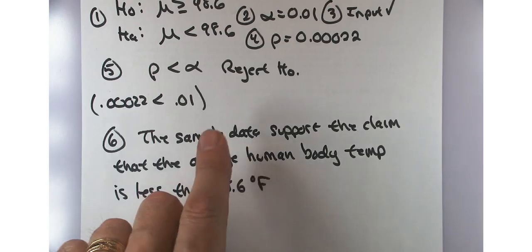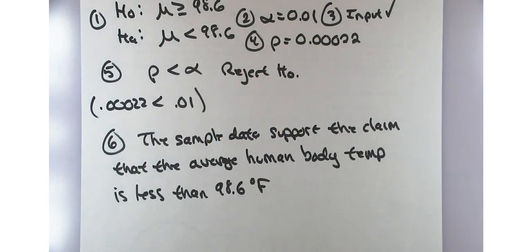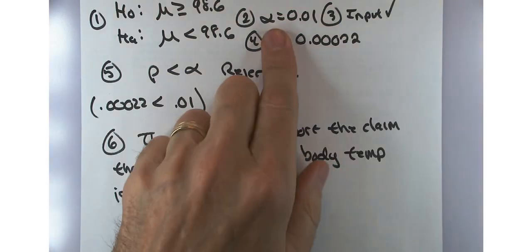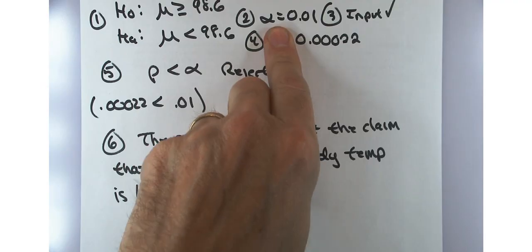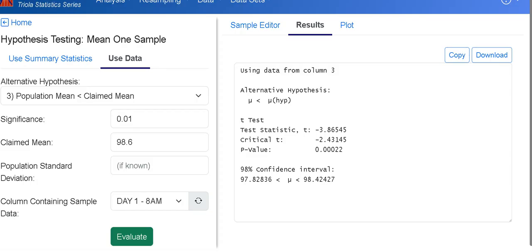Now, if I'm using alpha equals 1%, what level of confidence corresponds to alpha as 1%? 99. A 99% level of confidence would correspond to a 1% level of significance. Now, let's take a look at the output from StatDisk. What kind of confidence level did they give us? Here's a 98 one.